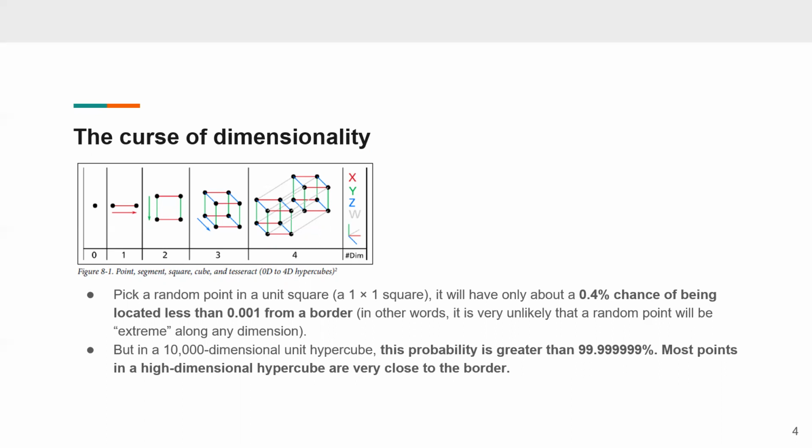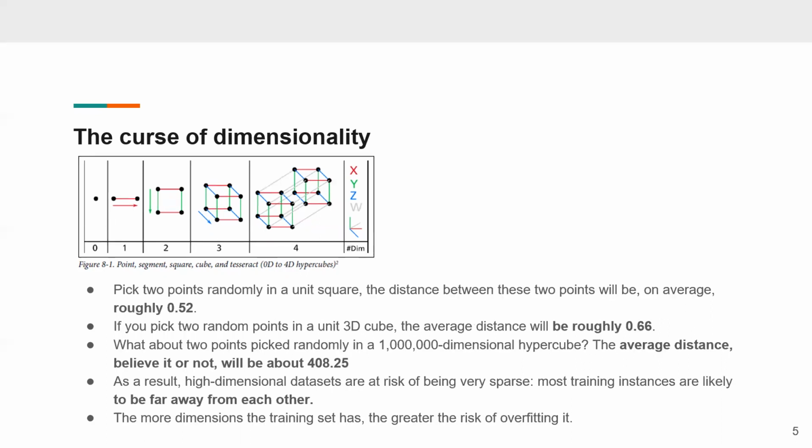So let's look at another interesting property. If you pick 2 points in a unit square, the distance between these 2 points would be roughly 0.52. All of these numbers are based on some sort of research. We're not going to elaborate much, but the reason we want to see this is to give you motivation or discussion of the need for dimensionality reduction.